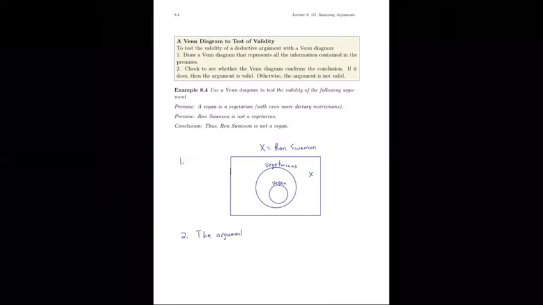When we see a picture like this, we know that, yeah, we can accept that conclusion as logically valid. Now, soundness. Is it sound? So a vegan is a vegetarian. That's true in the sense that vegans have more restrictive diets. So that premise is fine. Ron Swanson is a famous fictitious character who's very much not a vegetarian.